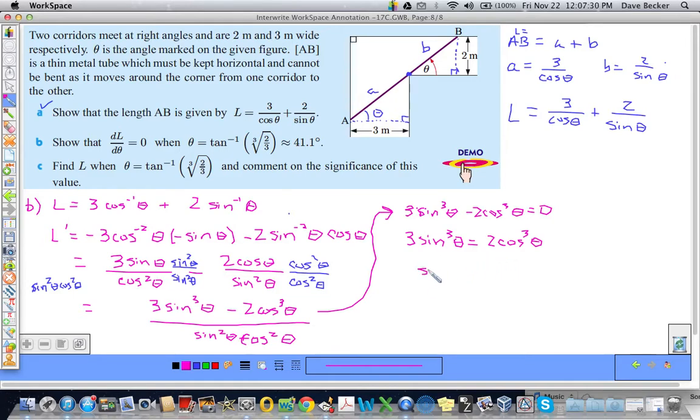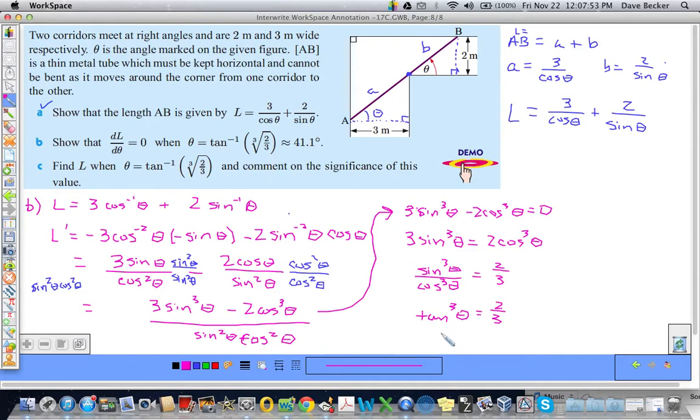So I would end up with sine cubed theta over cosine cubed theta equals 2 over 3. Well, sine over cosine is tangent, so sine cubed over cosine cubed is tangent cubed theta. So tangent cubed theta equals 2/3.